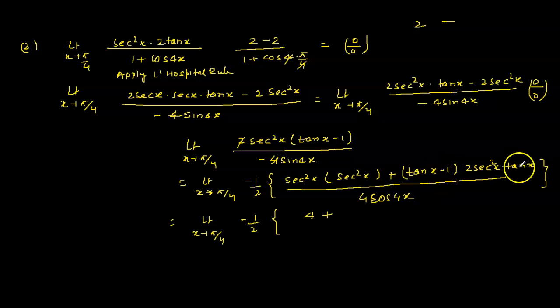So this whole term is 0 here, because multiplication is there, so everything is 0. Divided by that 4 and cos 0. Cos 0 is what? 1. So you'll get minus of 1 by 2.